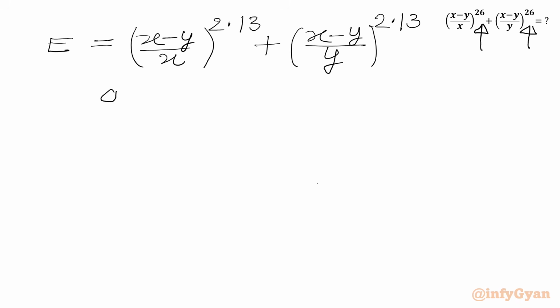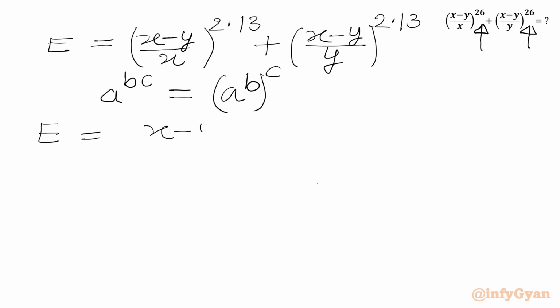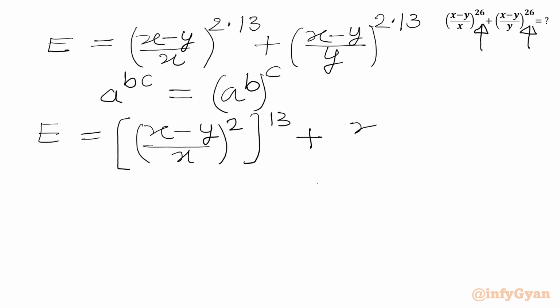Now we know the power rule which says a power bc can be written as a power b whole power c. So we will write the required expression E equal to x minus y over x whole square whole power 13 plus x minus y over y whole square with whole power 13.